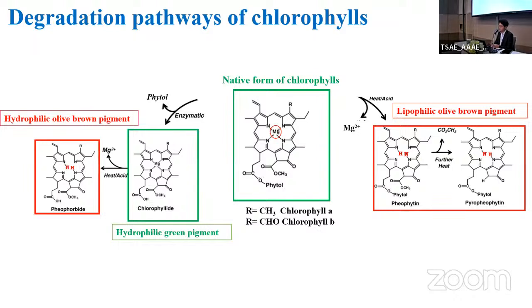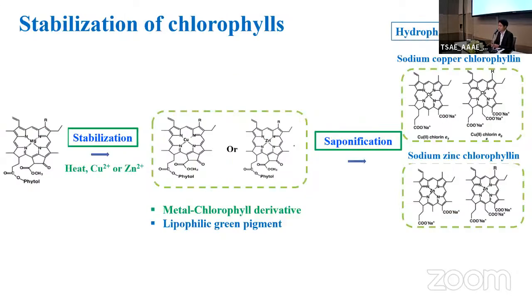Here are some examples of the degradation pathway of chlorophylls. The color change occurs mainly because of the loss of the central magnesium atom in the chlorophyll structure. So it is a drawback of using these pigments as natural colorants. Interestingly, this pigment can be stabilized by a metal complexation process.